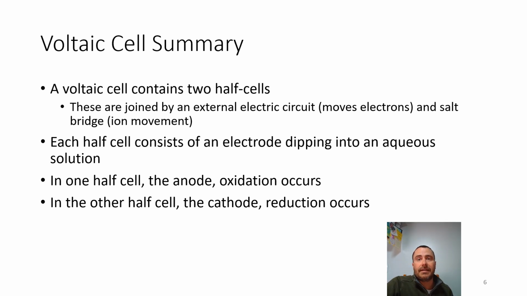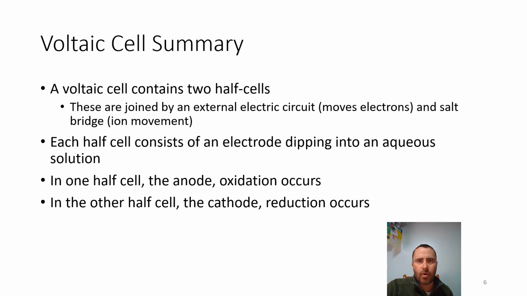So they have to be connected by something. Usually we call that an external circuit, but really that external circuit is a fancy term for a wire that's going to connect the two electrodes, the anode to the cathode. And then we also have a salt bridge in between our two half cells.